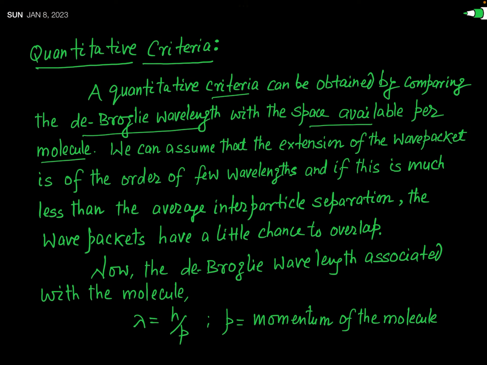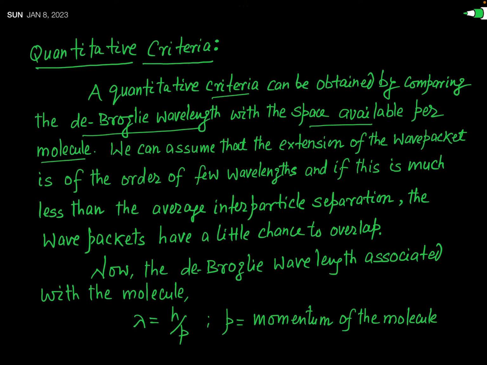If the space available per molecule is much greater than the de Broglie wavelength, then the wave packets will not overlap, and the particles will have individual identity. They will be distinguishable.